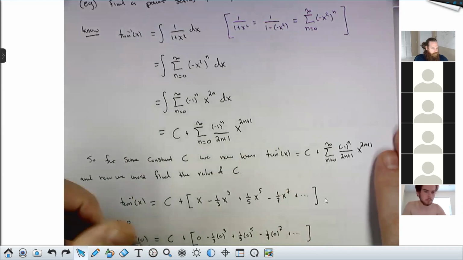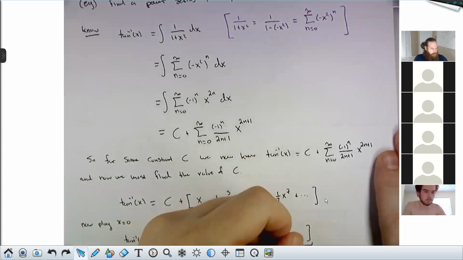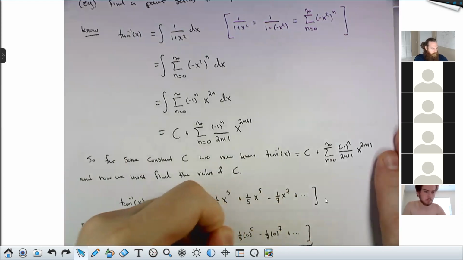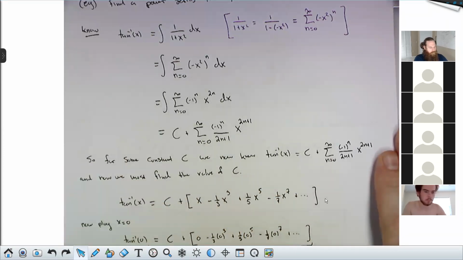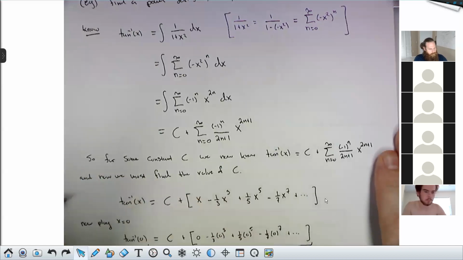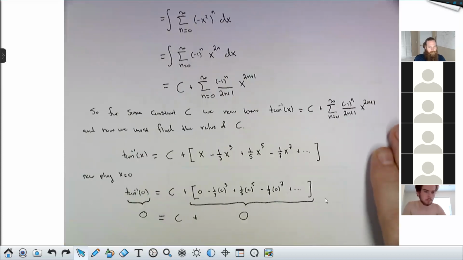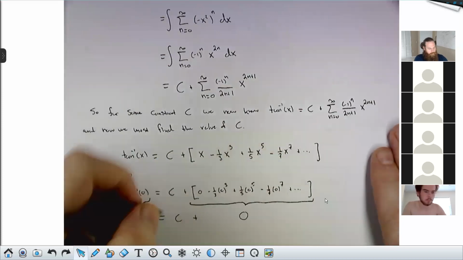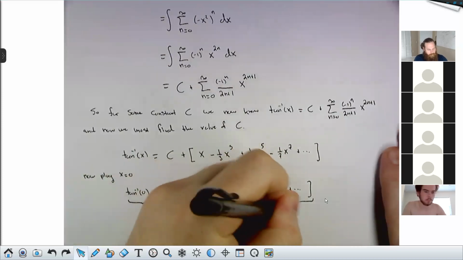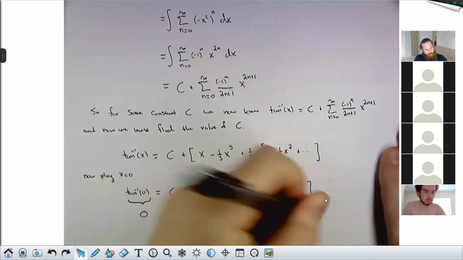This is definitely 0, as is this, right? Because it's 0 minus 0 plus 0 minus 0. It's all zeros. So 0 is equal to c plus 0. In other words, c here is 0.